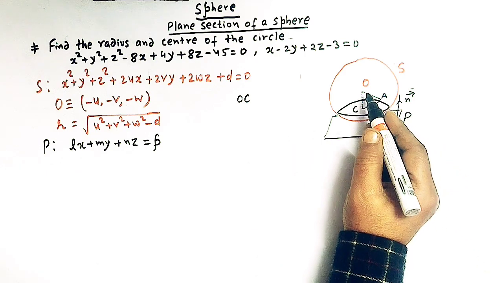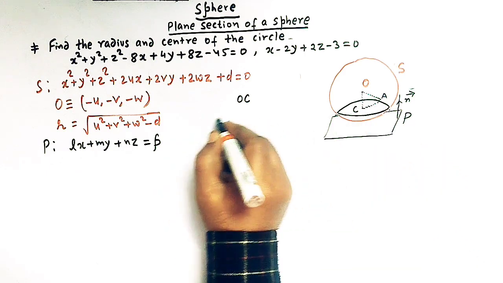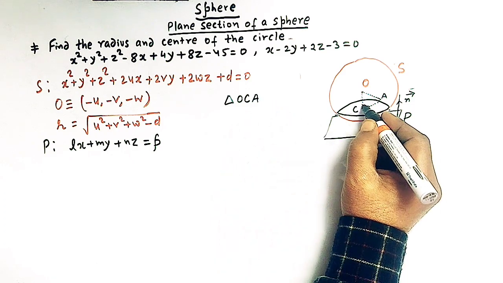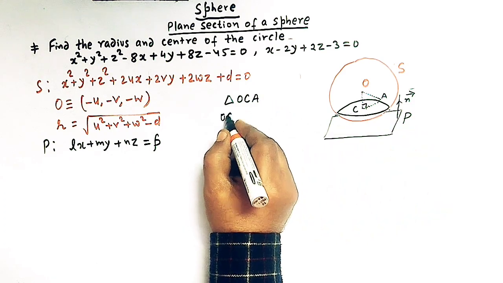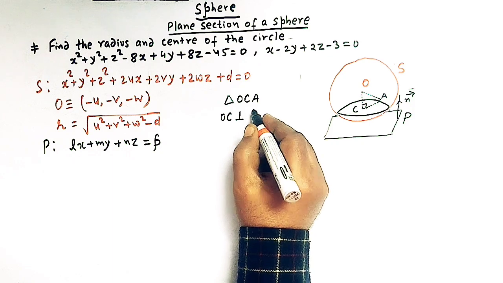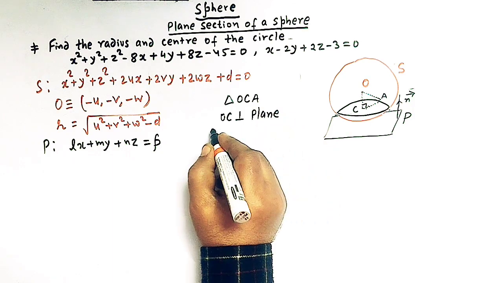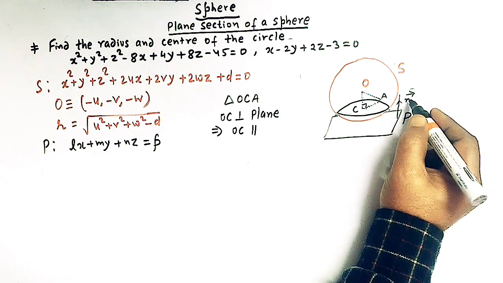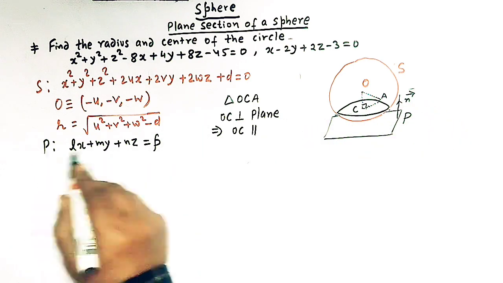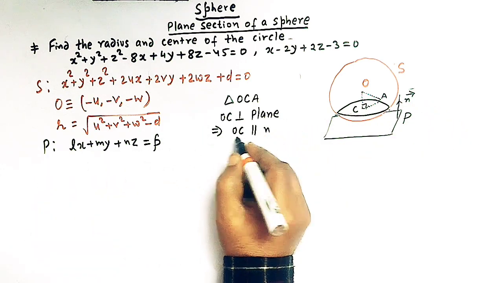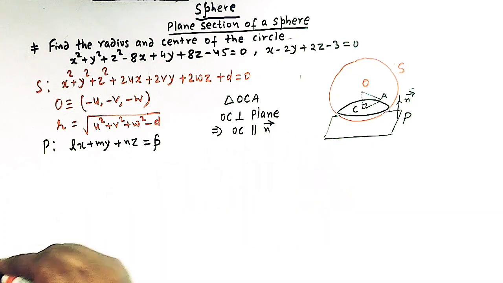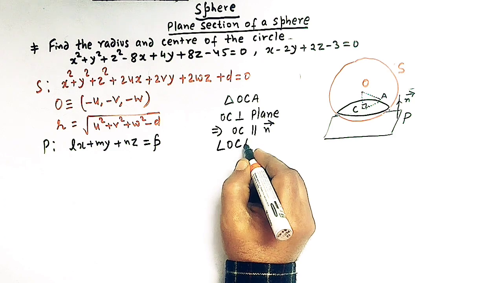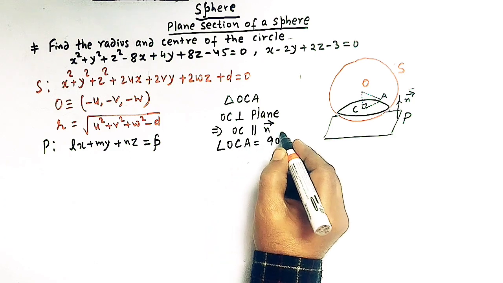Now from this triangle OCA, we can see that OC is perpendicular to the plane. It implies that OC is parallel to the normal vector to this plane P. Here angle OCA is 90 degrees.